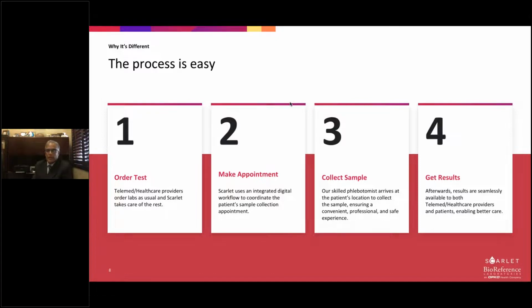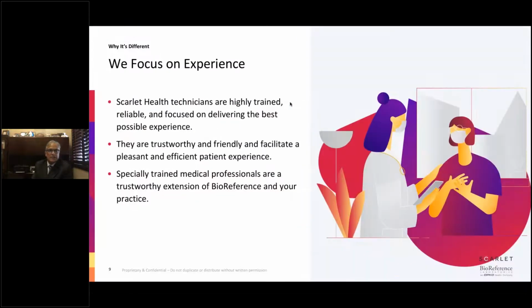Just like the patient, through their patient portal, they'll be able to access their results. Our patient portal is extremely robust. It gives the patient information about the type of testing they had, if they had any abnormals, gives them a lot of orientation, and always works them back to that physician. So patient engagement, I think, would be the key word there, which is a very important part of the process.